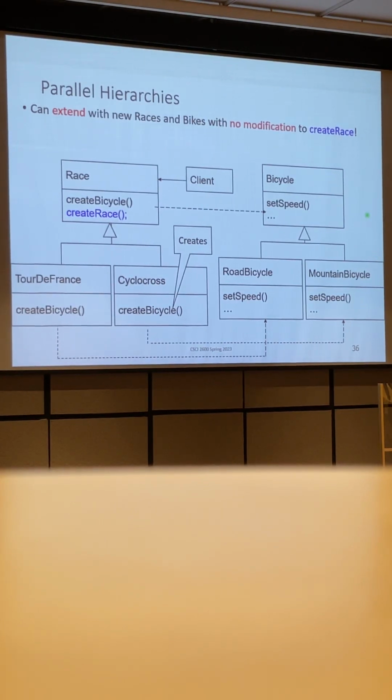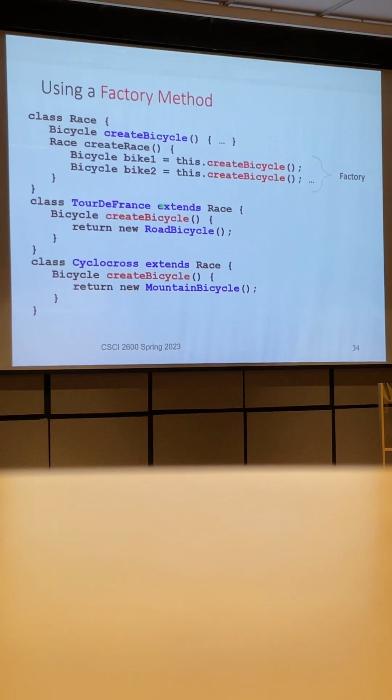We don't need to do anything with Tour de France or cyclocross or road bicycle or mountain bicycle. So this is the open-closed principle in action. It should be open for extension, easy to extend, like with the new tricycle race and tricycle, but closed to modification. We do not need to change create race because the implementation that we have here would work for any type of race.